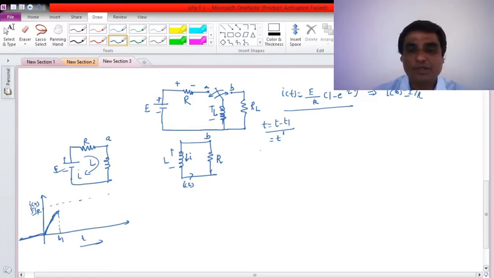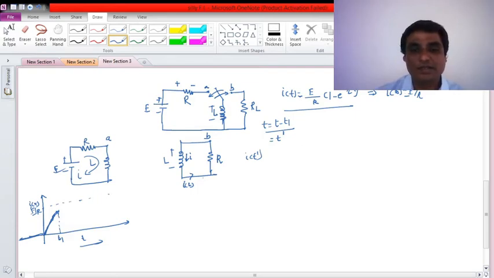Now I would like to obtain the current I of T dash, which will be at T minus T1. For that, I need the initial current also, right? Which I know. What is the initial current at this switching instant, which is T1 0 negative. Now I would like to know what will be T1 0 positive. It will be the same, but after time progresses, what is the effect?